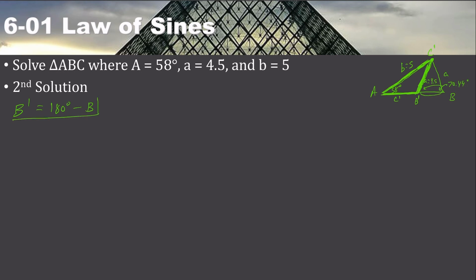So you could think of that as a rule. The first angle we found was angle B. For the second triangle, the first angle you find is its supplement. So B prime will be 180 minus 70.44, which means it is about 109.56.